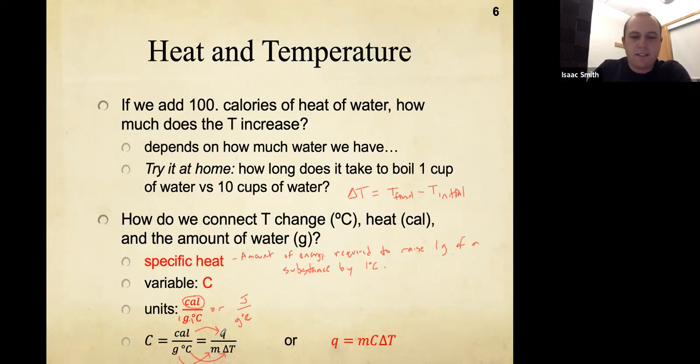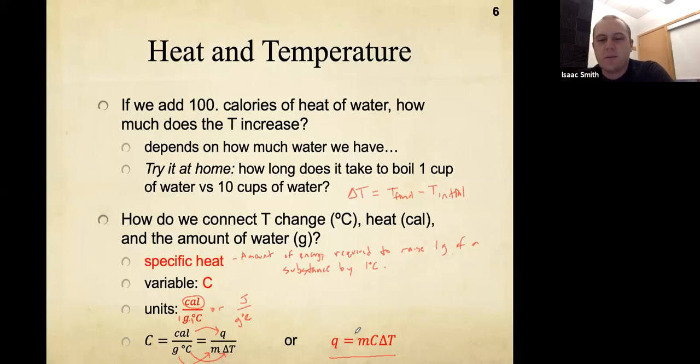If you rearrange this equation, you could just multiply the mass and delta T over with the C, and you get Q equals M, which is the mass, C, which is the specific heat, and delta T, which is the change in temperature.